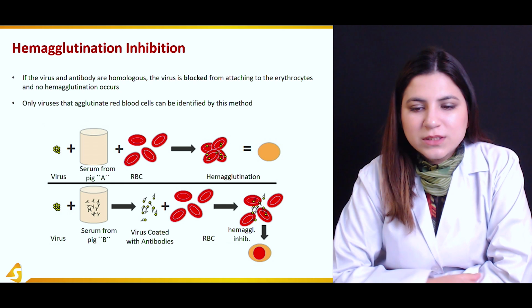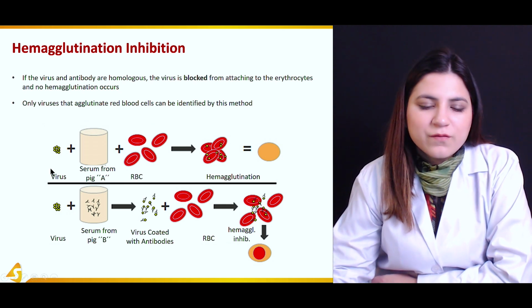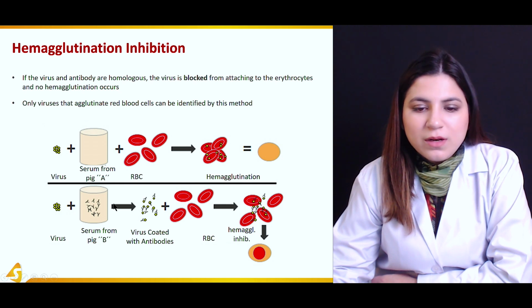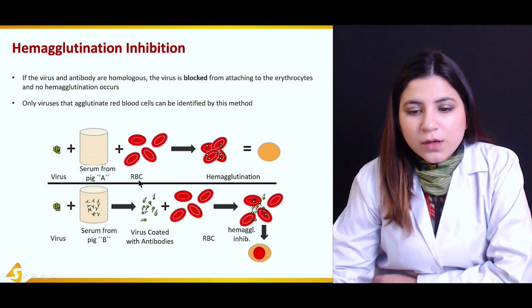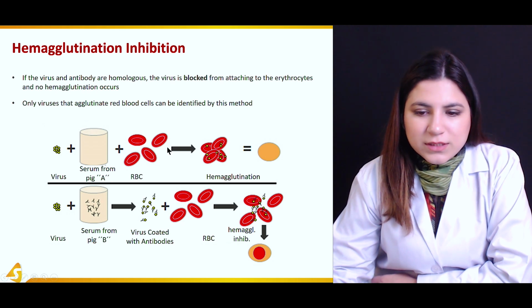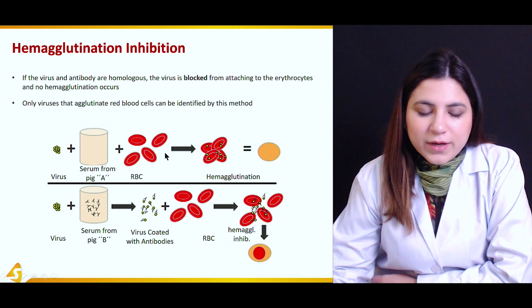What happens in this case is that if we have a virus and then we have a serum from a sample, and then obviously we have red blood cells, the virus will bind to the red blood cell, and if the virus is bound to the cell, then hemagglutination will occur.